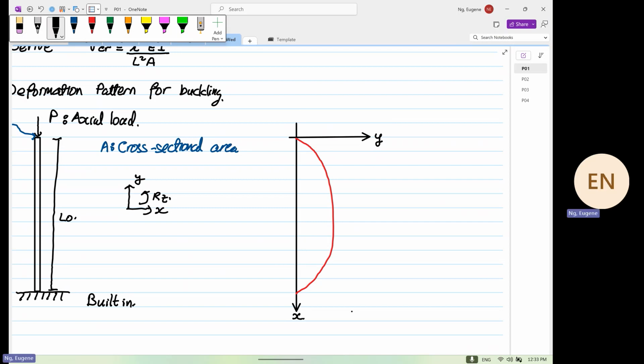Now, the deformation is that way. Let me explain. Let me explain what we are trying. Why is it like this? Okay. In real life, in buckling, right? In reality, in buckling, what is going to happen is, if I want you to focus on my finger, my left finger over here.